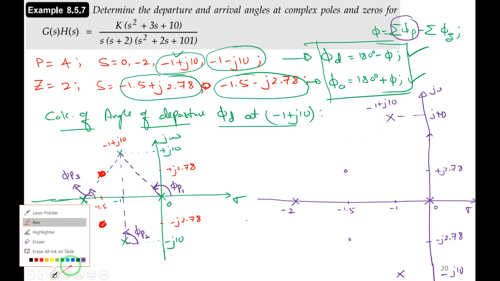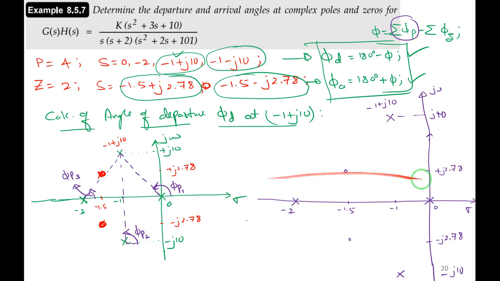Next, this is minus 1 plus j10. Let me change the ink color. Let me join from the first pole to this. This angle is phi P1. The second pole is here.